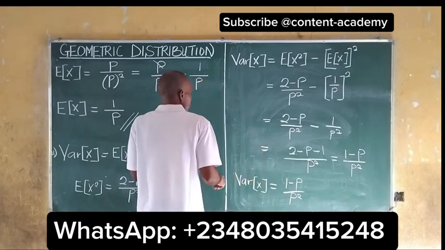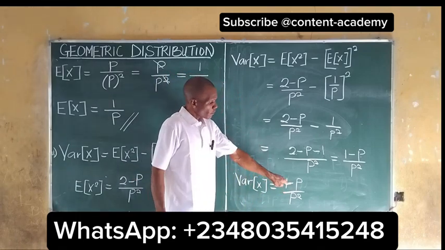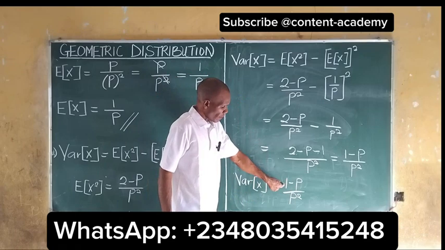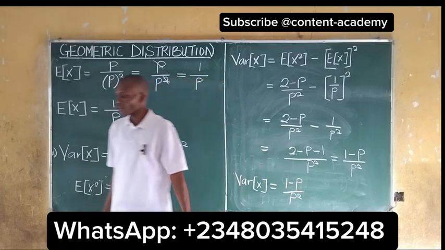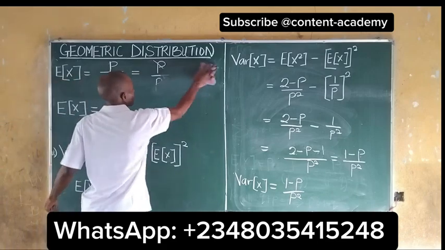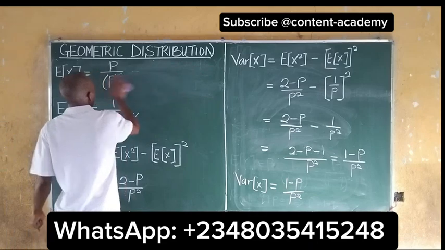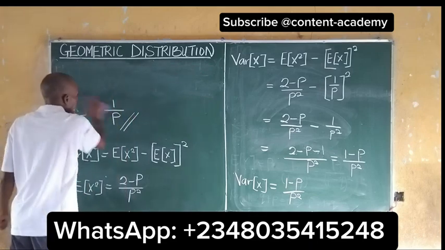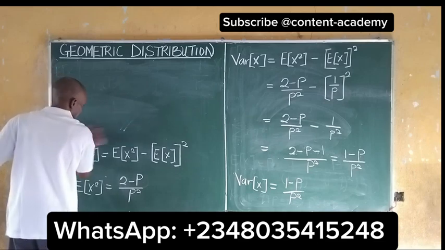Now, we are not done. From probability distribution, we have that 1 minus p is equal to q. We show that because the probability of success plus the probability of failure is equal to 1.